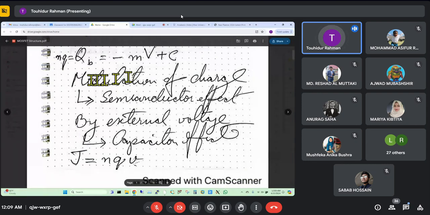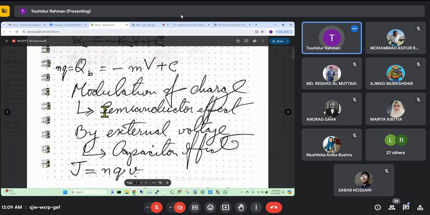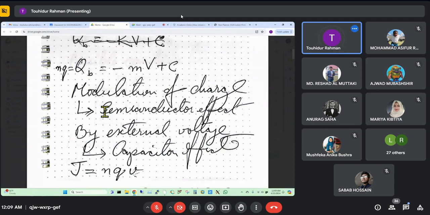So we can modulate the charge. I think we already explained we cannot change the charge of an insulator. We cannot change the charge in a metal. We can only change the number of carriers in the semiconductor material.